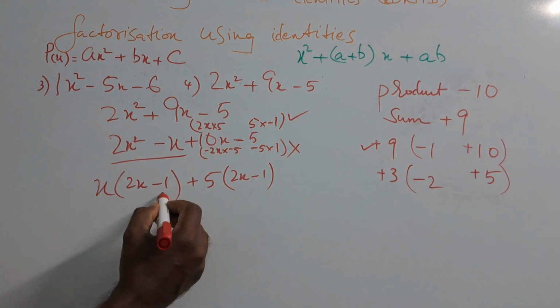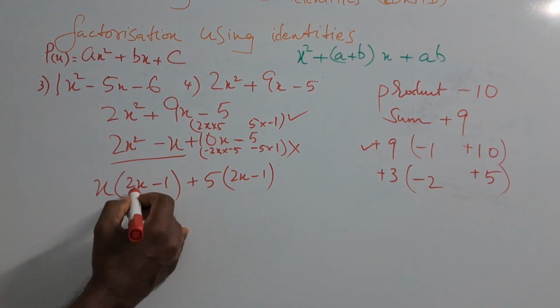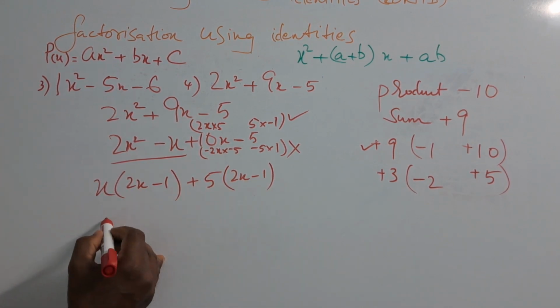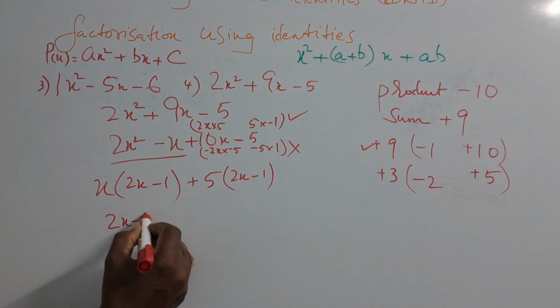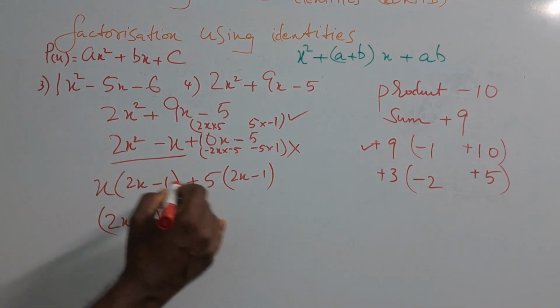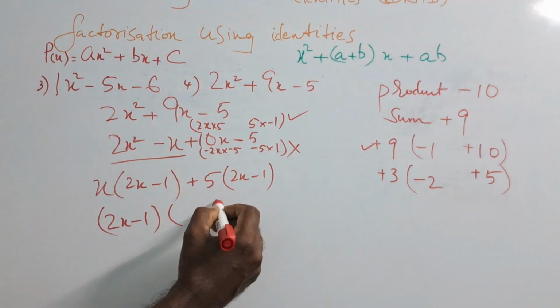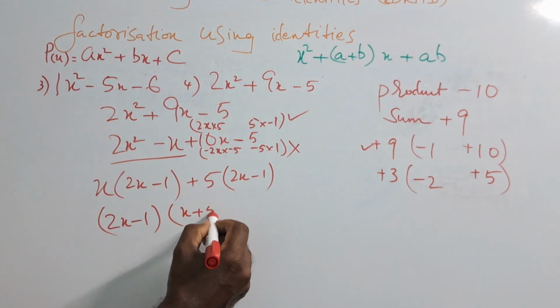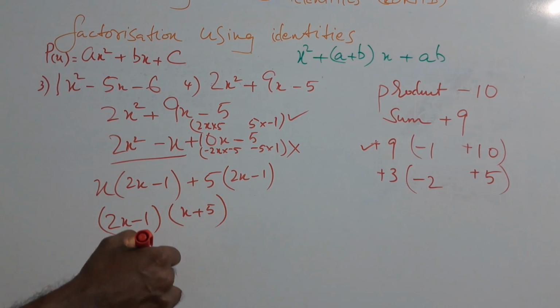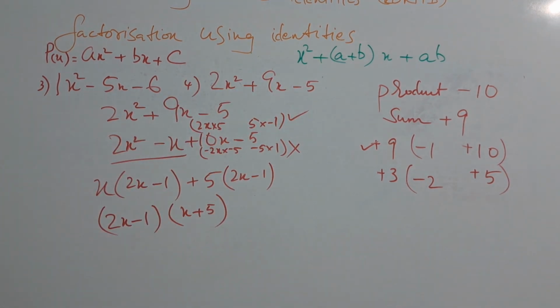We have 2x minus 1 in both the terms and we take 2x minus 1, the common factor, out and the remaining terms in another expression, x plus 5. When you multiply these two, you get 2x square plus 9x minus 5.